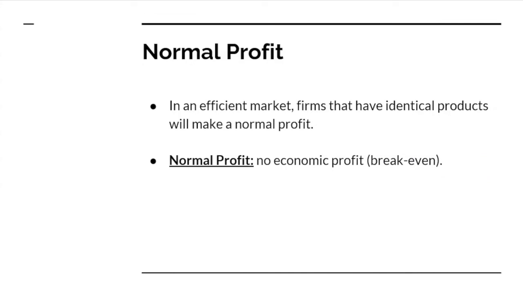And so yet again, we talked about this idea of a normal profit in a past video. And so what we are going to say is that in an efficient market, firms that have identical products will make a normal profit. In other words, in an extremely efficient market, all firms are going to break even. They're going to be making no economic profit, which doesn't mean they aren't making profit altogether.